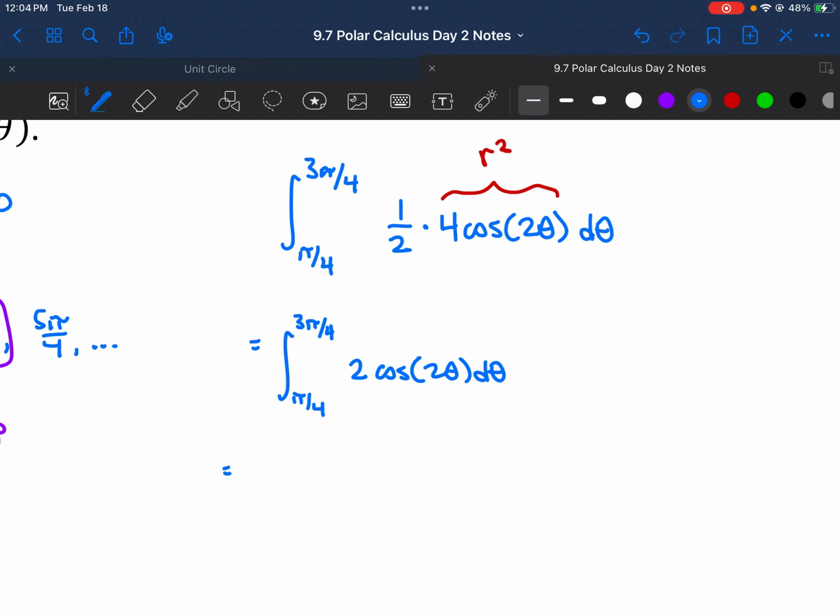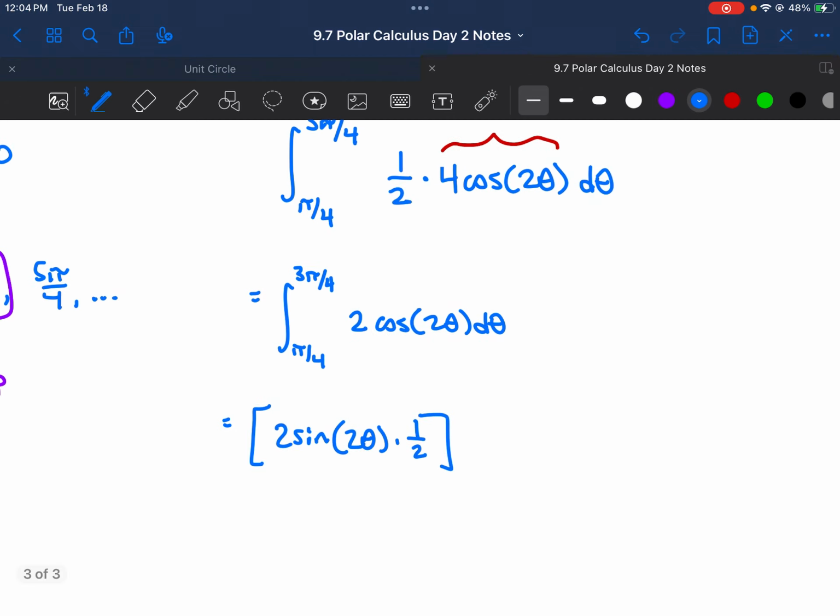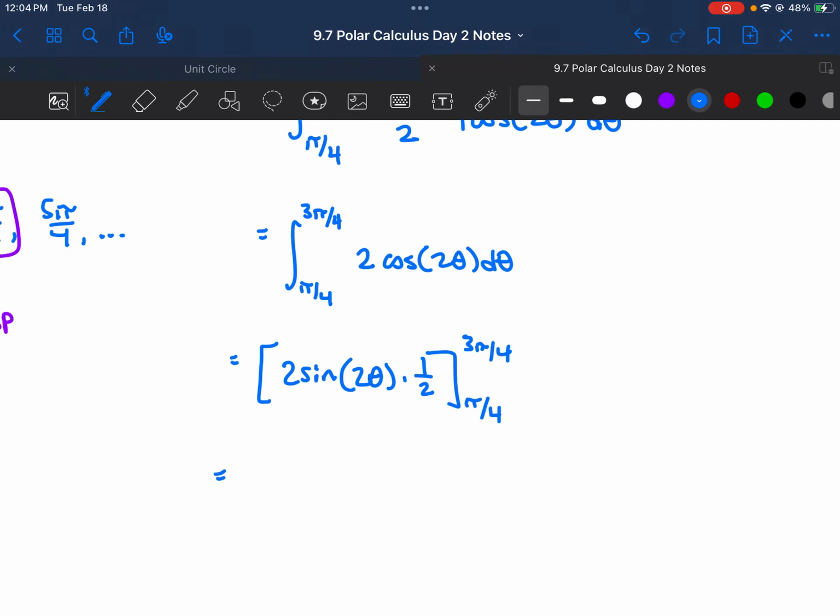That's going to be 2 sine of 2 theta times 1/2, because of that 2 on the inside. You can do the u sub if you want to, from pi over 4 to 3 pi over 4. 2 times 1/2, they cancel. We got sine of 2 theta from pi over 4 to 3 pi over 4.